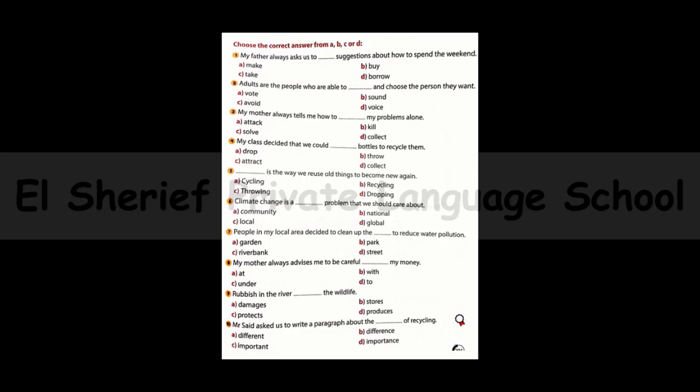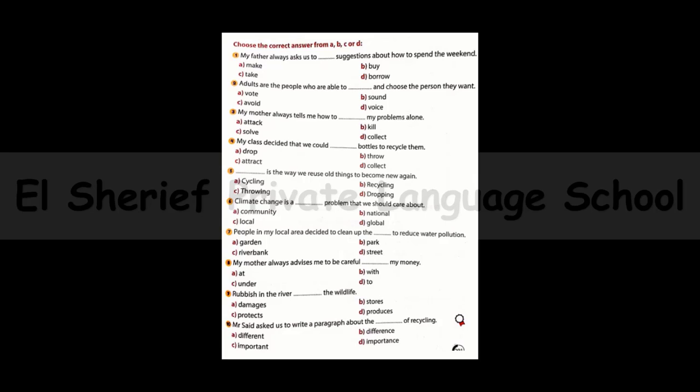Now number 2, adults are the people who are able to vote and choose the person they want. So adults are the people who are able to vote and choose the person they want. Number 3, my mother always tells me how to solve my problems alone. So yes, my mother always tells me how to solve my problems alone.